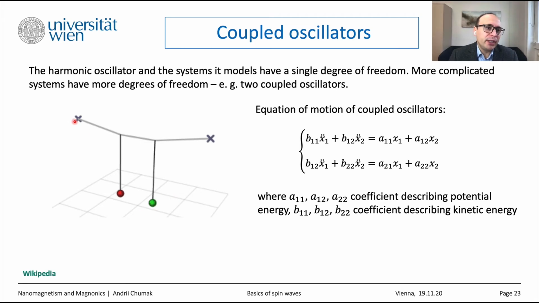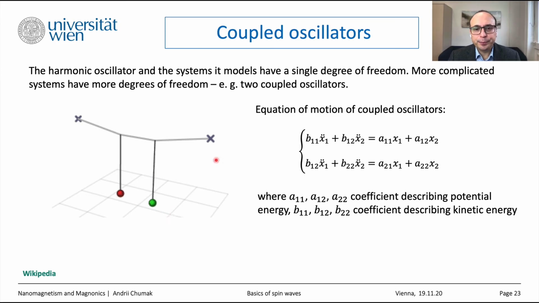But in this particular case, we have a slightly different system, because you see these pendulums are not fixed here. They are hanging on a wire, and it means that as soon as you have some motion here, through this wire it acts on the second oscillator, and this one acts on the first one. In this case, we can speak about two coupled oscillators.